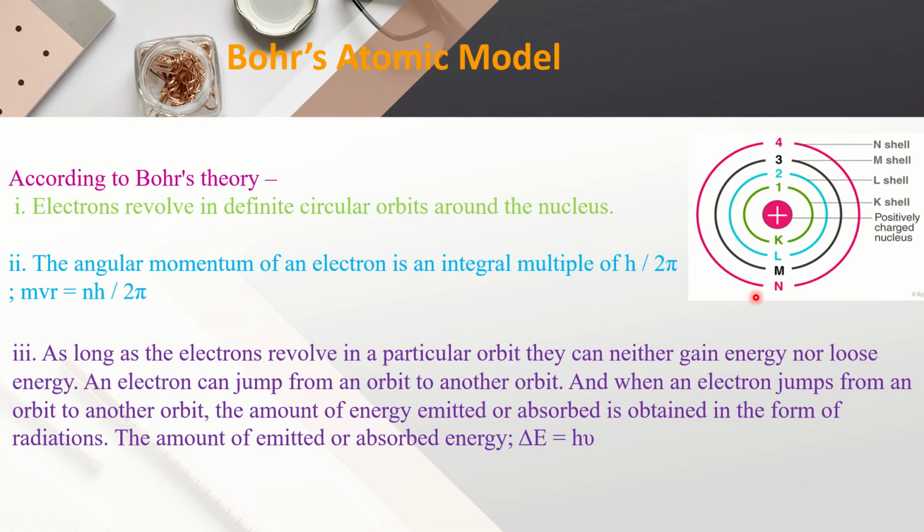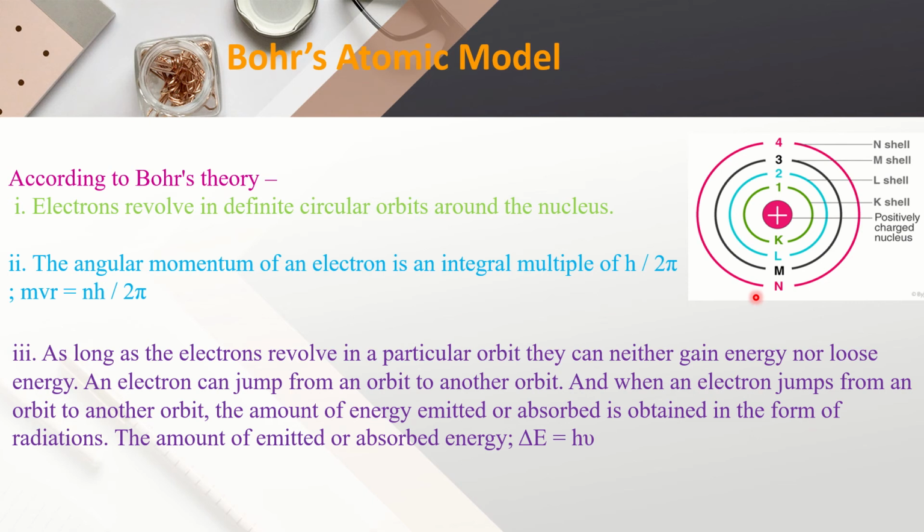As long as the electrons revolve in a particular orbit, they can neither gain energy nor lose energy. An electron can jump from one orbit to another orbit. And when an electron jumps from one orbit to another, the amount of energy emitted or absorbed is obtained in the form of radiations.